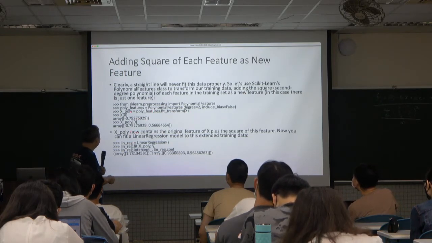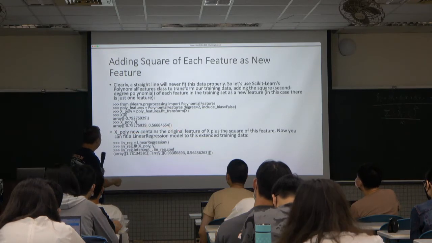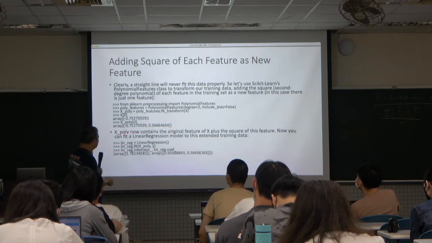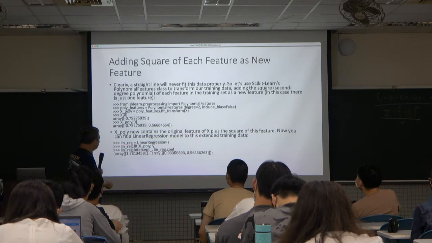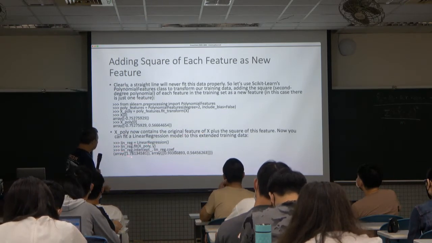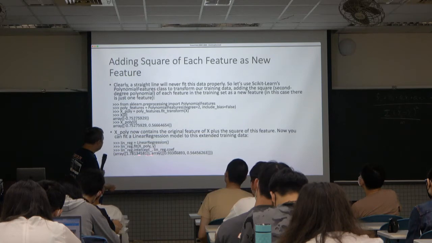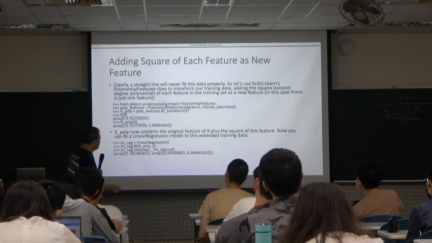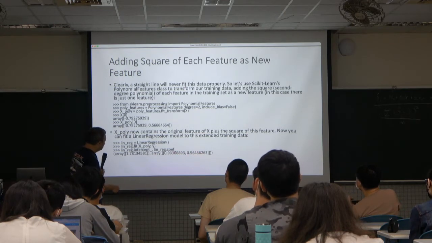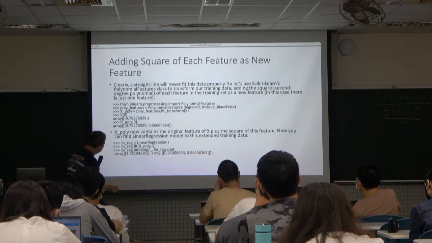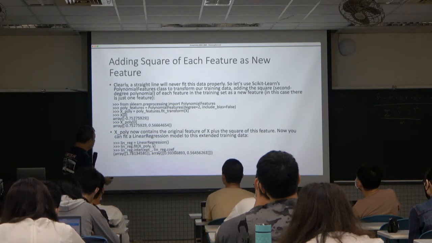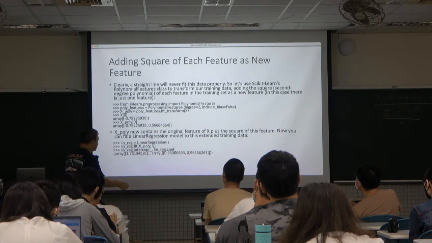With that data set, we can just do a linear regression, and the result will give us something like this. So the intercept is this, and the coefficients for x and x squared are like this.